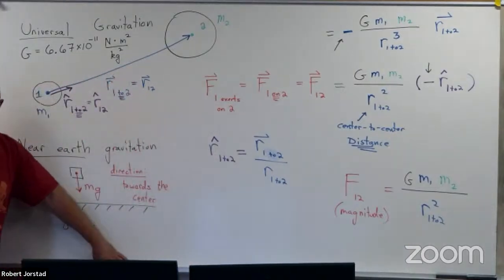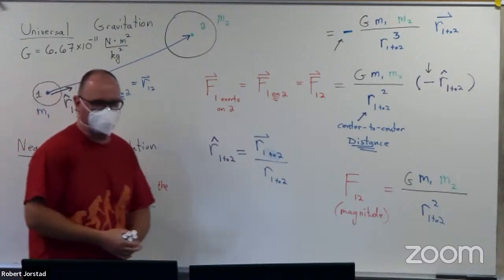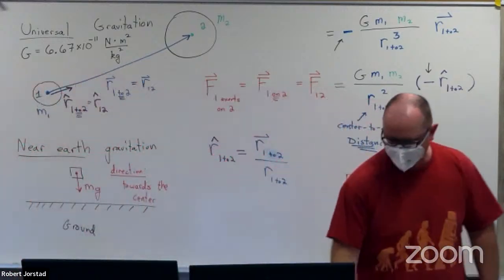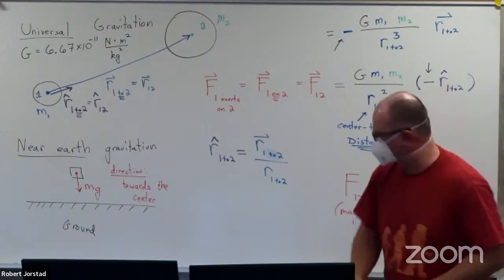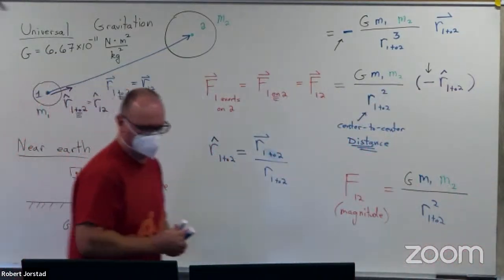Well, we've talked about force. What's another concept we've talked about this semester that's been pretty useful? Energy. So let's talk about gravitational energy in this new regime. Okay, let's do it on the other board.